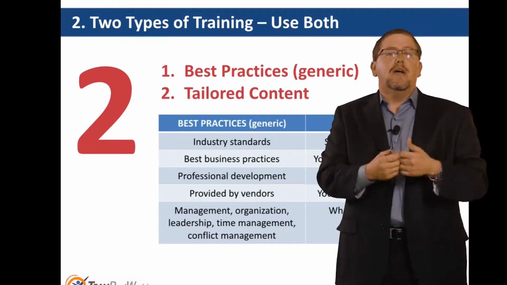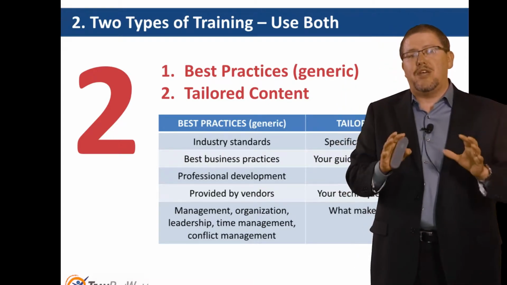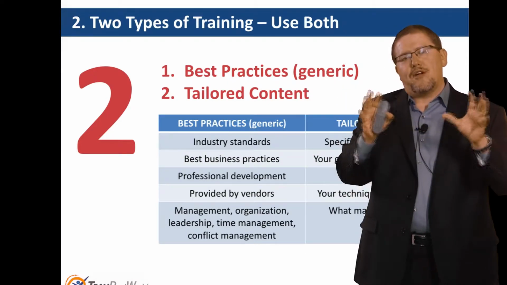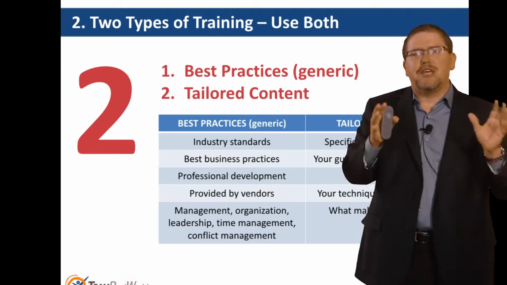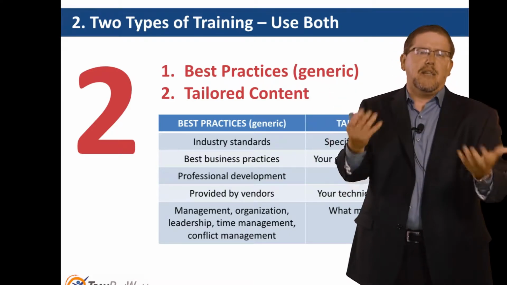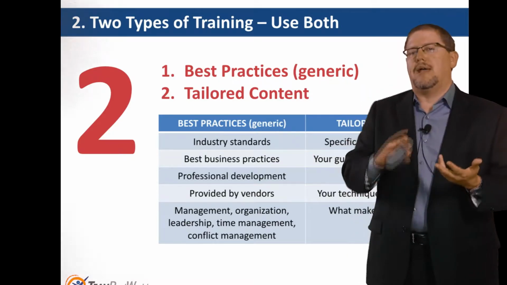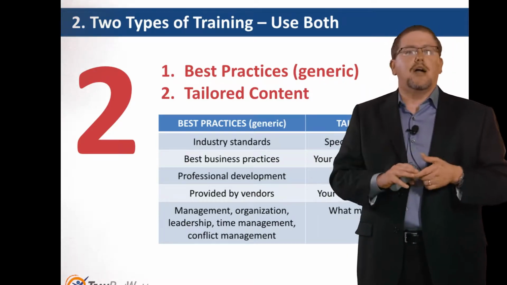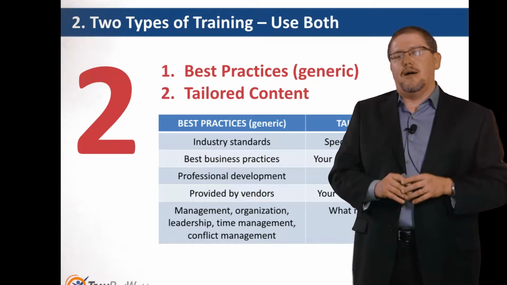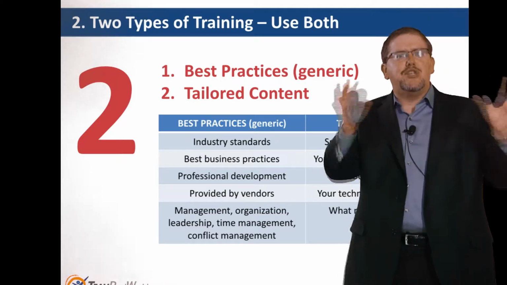For example, at our website, Winning in the Workplace, we have a large number of videos that are very much business and industry standards that help customers and clients find out about how to do better time management, leadership training, management training, communications, writing skills, all these types of training that you could find in the general market.